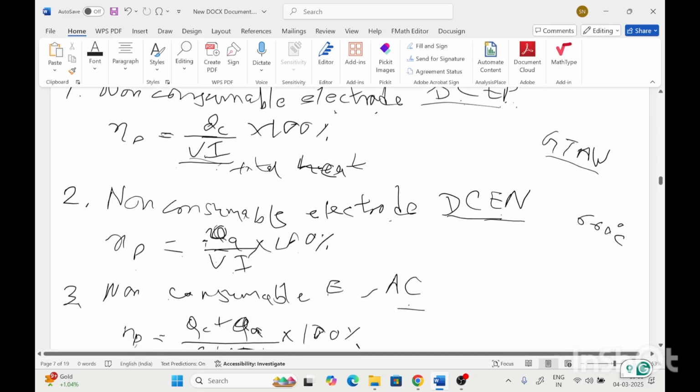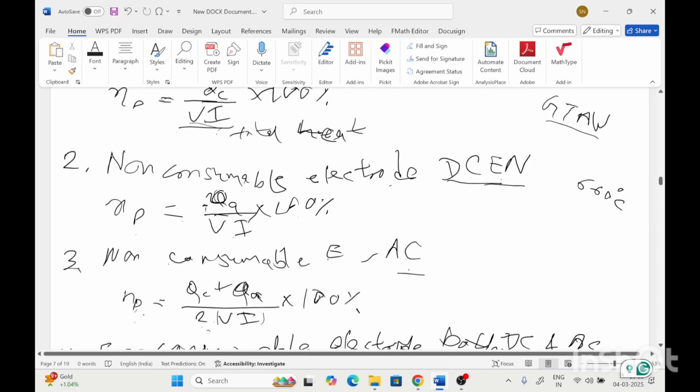Actually, there is one aluminum oxide layer which has a very high melting point. So for that we use AC. In AC, the polarity changes after every half cycle. For the positive cycle, the electrode will be positive and the workpiece will be negative.